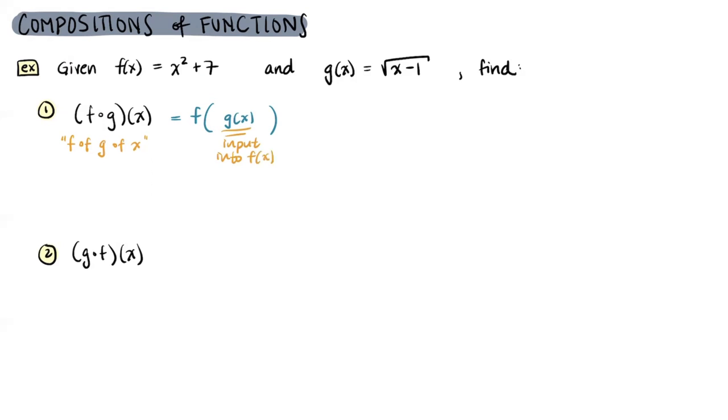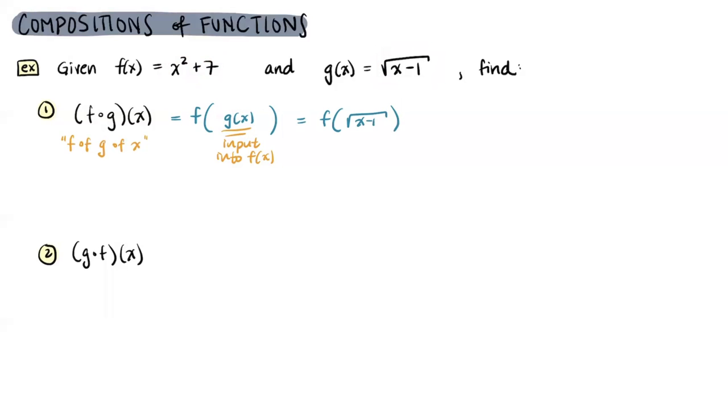What f of x does is it takes whatever you put in, squares it, and then adds 7 to it. So now what we're putting into the function f of x is this whole formula for g of x. If I just replace g of x by the formula that we have for it, what we're really doing is finding f of the square root of x minus 1.